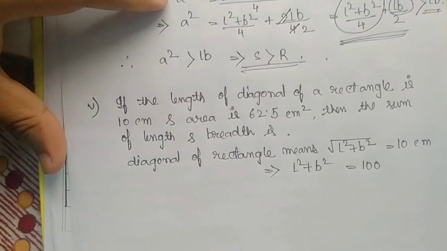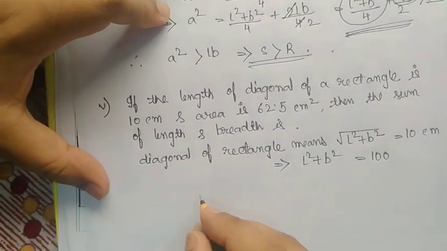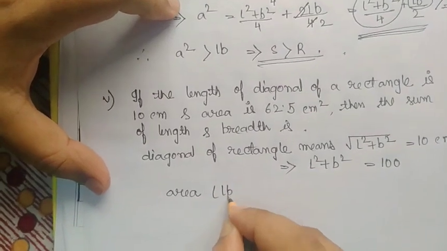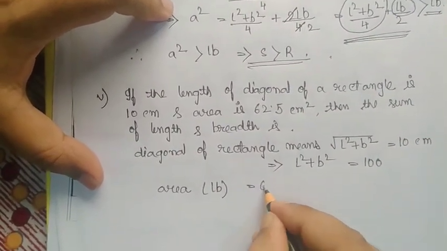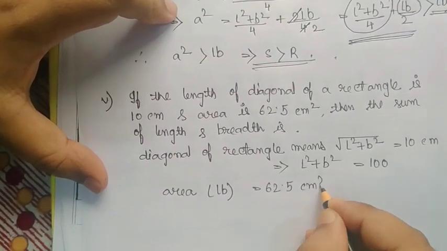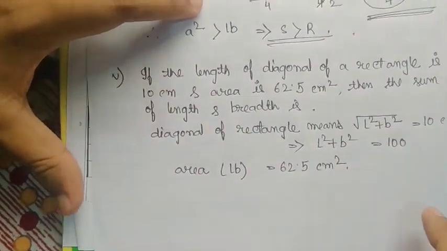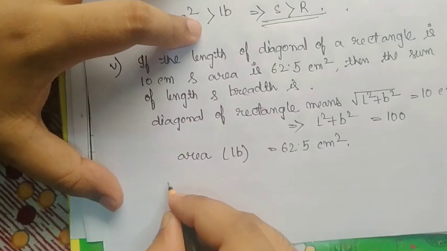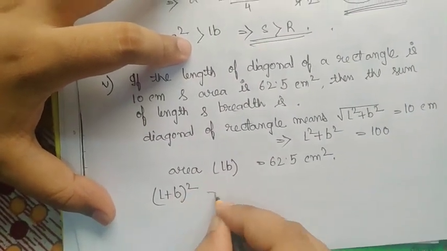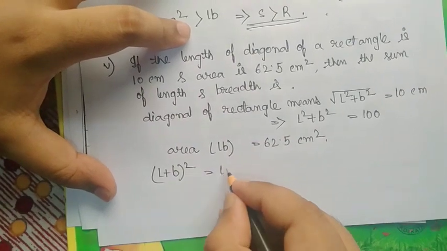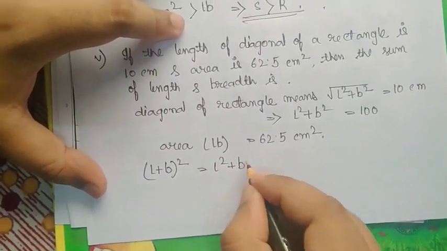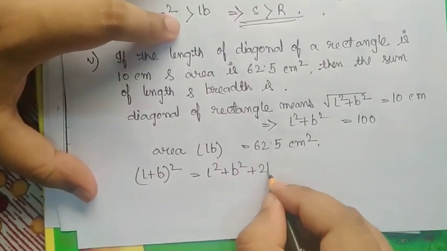Now area of rectangle means length into breadth, LB equal to 62.5 centimeter square. So for the sum of the length plus breadth, we can say that L plus B whole square means L square plus B square plus 2LB.